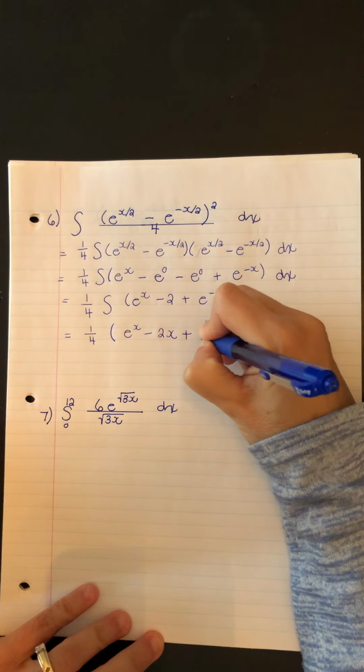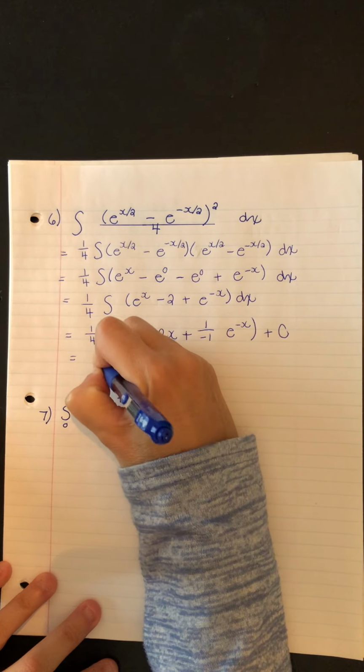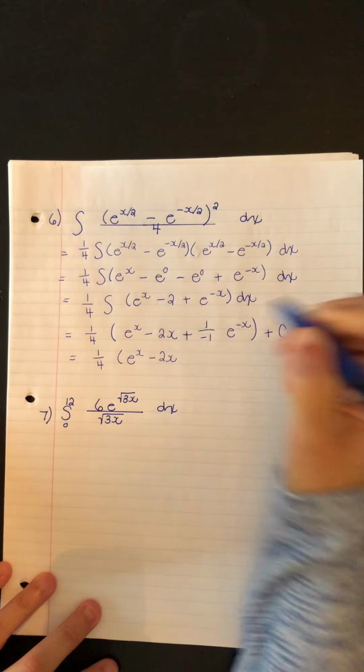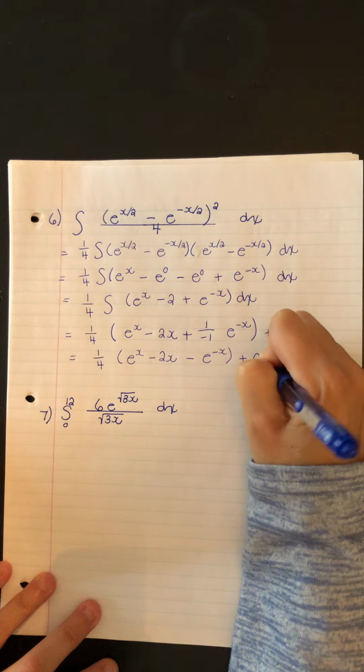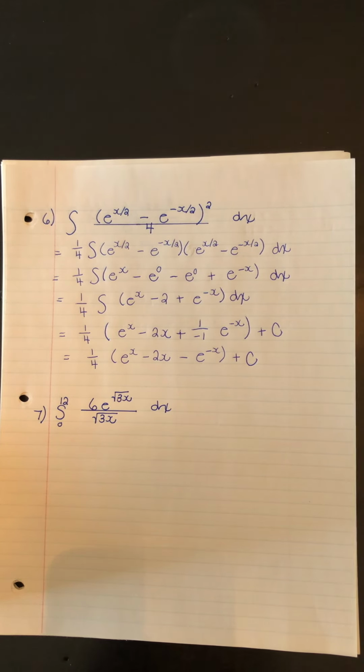So here we have 1 over -1 e to the negative x. The derivative of negative x is -1. All right, so this is just a little bit awkward. We'll change our final answer to this: minus e to the negative x. Perfect. So that's example 6.